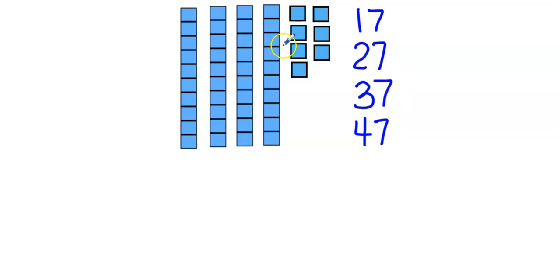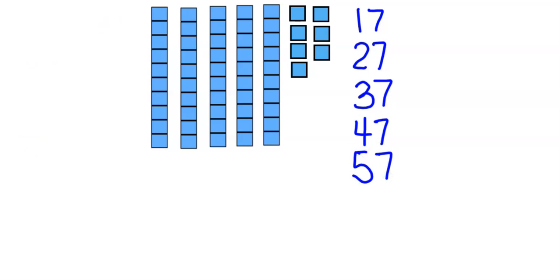Okay, let's continue and adding one more of the tens. What number do you think it will be now? 10, 20, 30, 40, 50, and 7 more. That's right, it's 57.